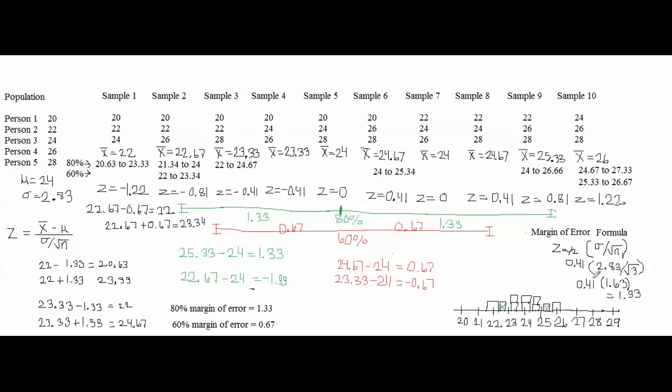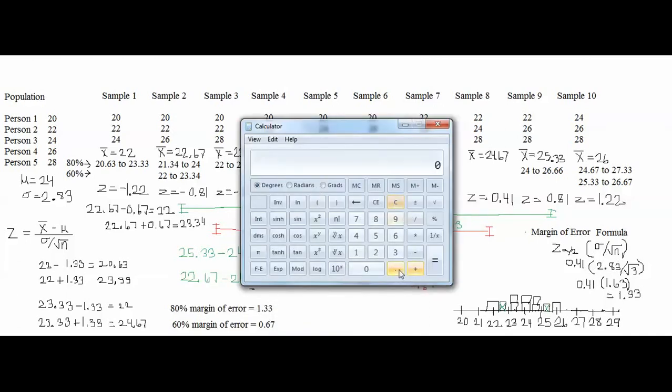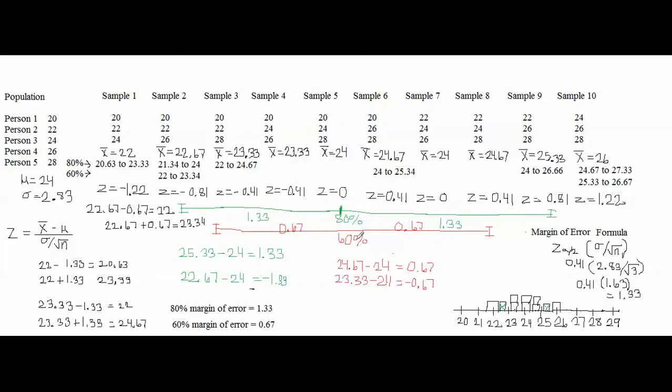Now we're multiplying these two numbers. And we get 0.6683, which rounds to 0.67, which is our 60% margin of error. We already knew that that was what it equals.